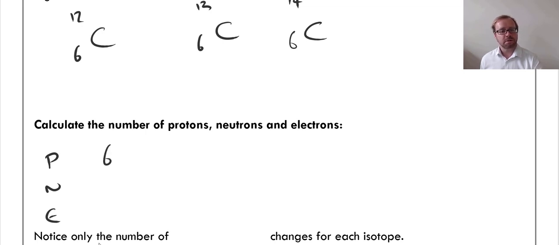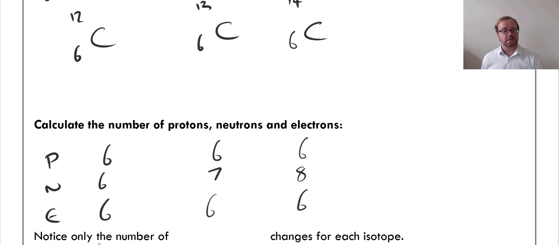We know that the proton number is not going to change. They are atoms, so they are neutral, meaning the electrons must equal the protons. And the number of neutrons is mass number minus atomic number, so 12 minus 6 is 6, 13 minus 6 is 7, 14 minus 6 is 8.